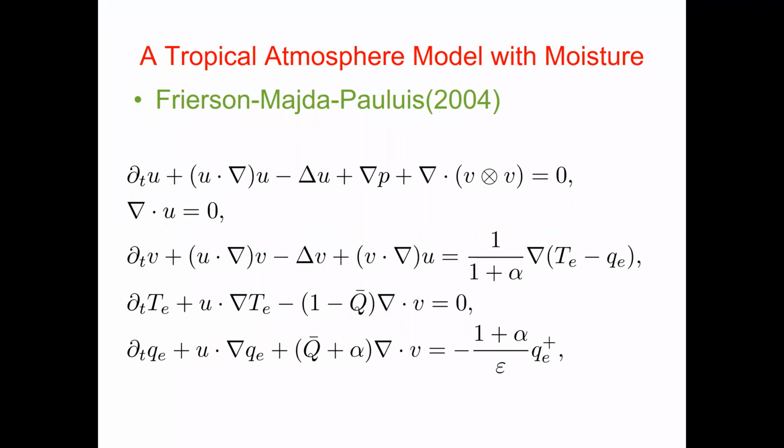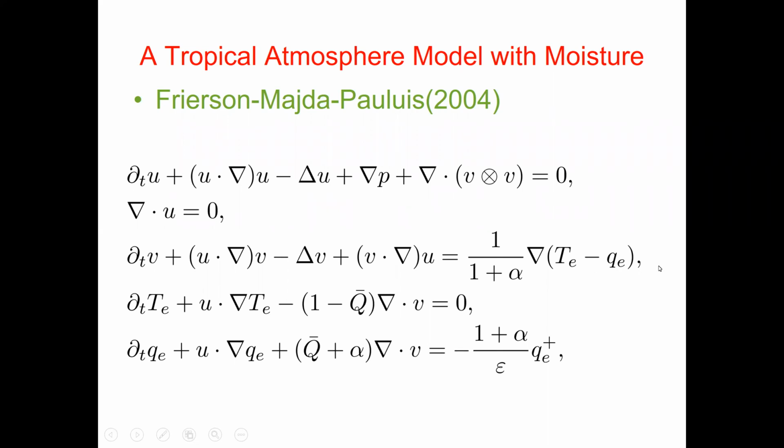So putting all these things together, Frierson and Majda looked into this: this is the momentum equation coming from the truncated primitive equation, exactly the same. And this is the temperature now. This is the buoyancy. TE is the equivalent temperature, which has some source from QE, the equivalent moisture. So the Q is adding to the temperature.